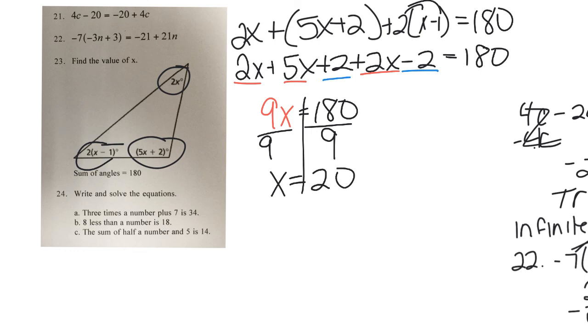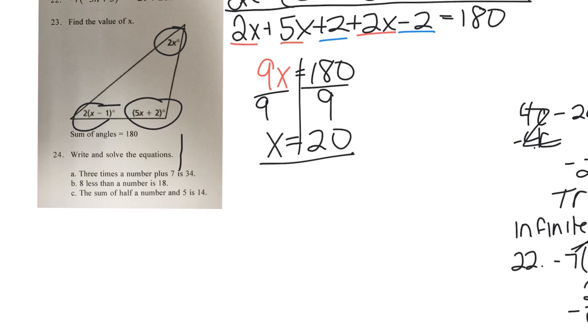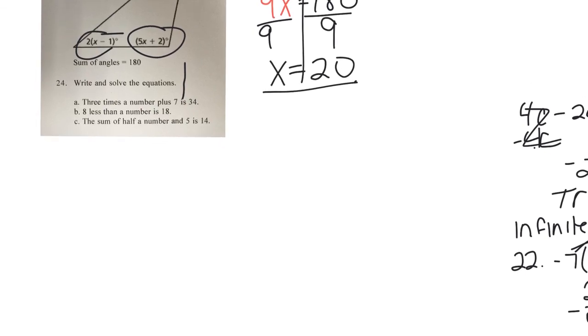Okay, so the first thing you'll get credit for is writing the equation, and the second one will be for solving it. And then the last set is write and solve the equations. So again, you'll get 1 point for writing the equation correctly, and then another for solving it. So we get 3 times a number, 3n plus 7 equals 34.